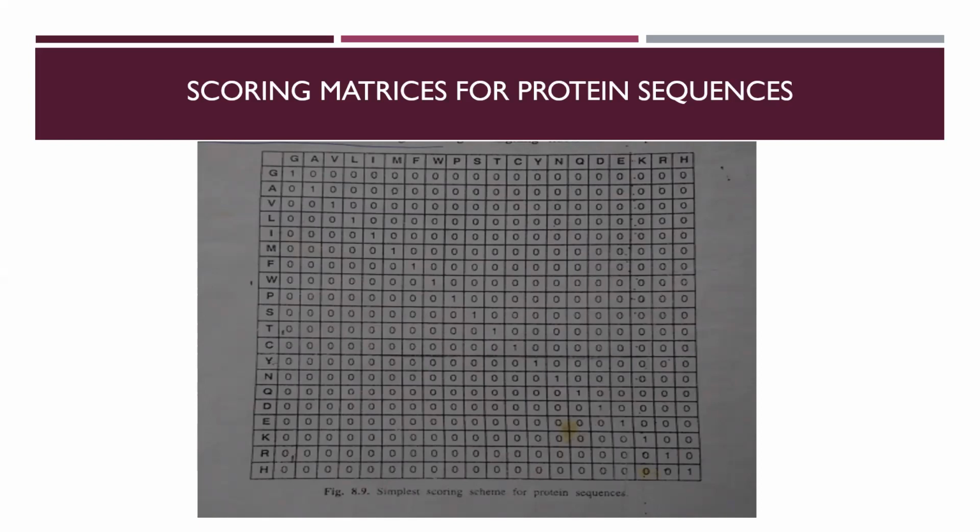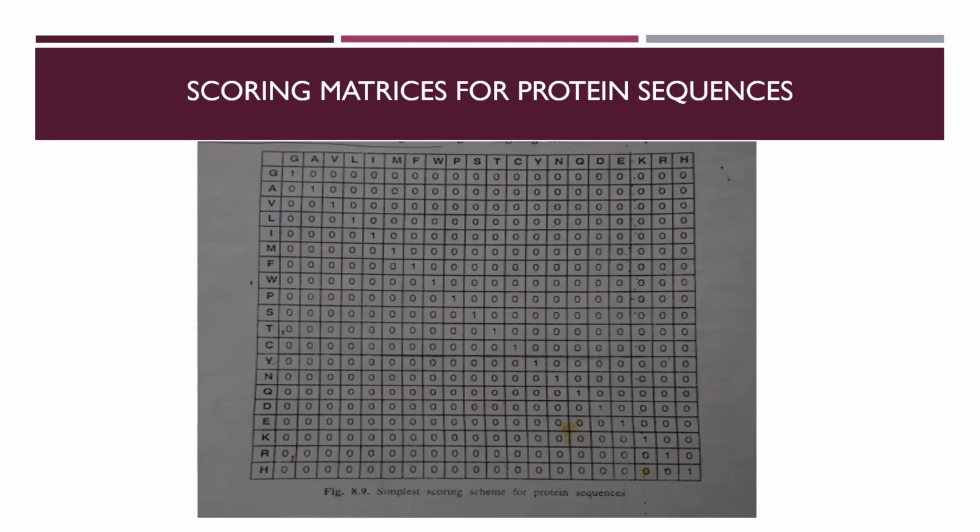So the third type of scoring scheme devised for protein sequences is based on the genetic code used by the amino acids. You all know one amino acid can be encoded by different genetic codes, isn't it?